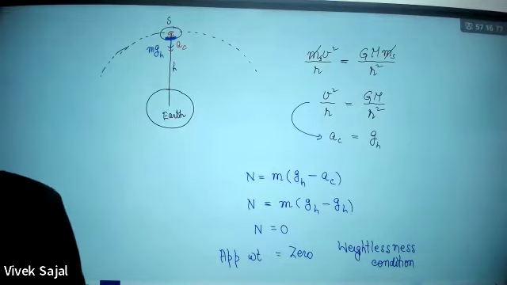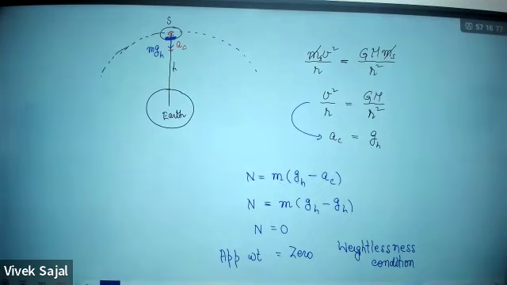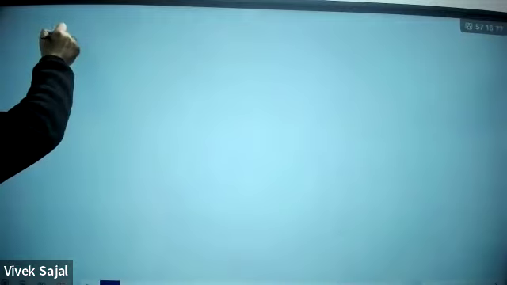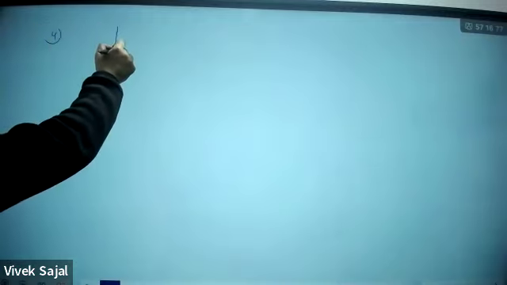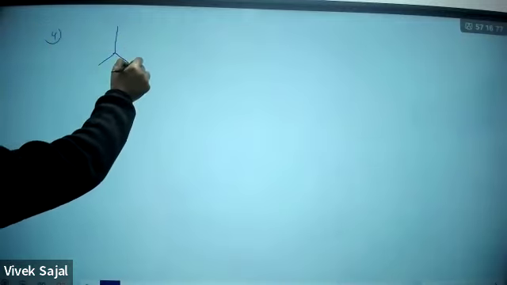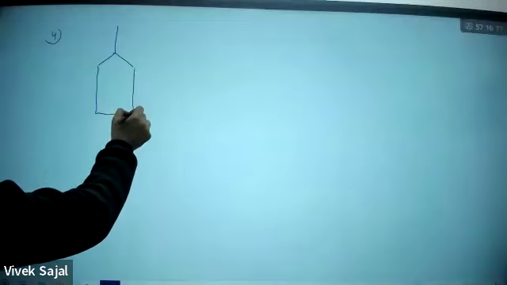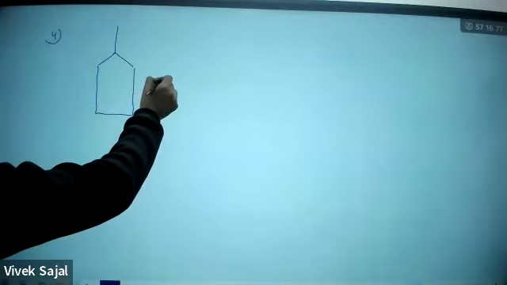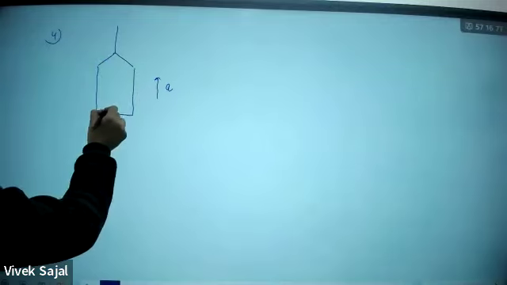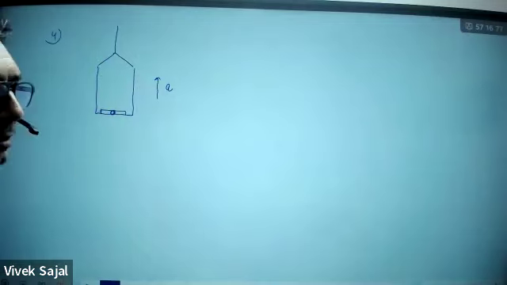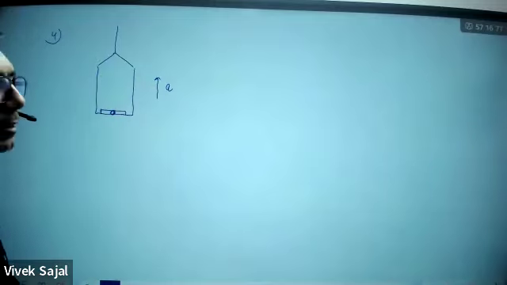Now come to the fourth case. If lift is moving in the upward direction with an acceleration a, and the weighing machine is here, you want to measure the apparent weight that will be read by this weighing machine.